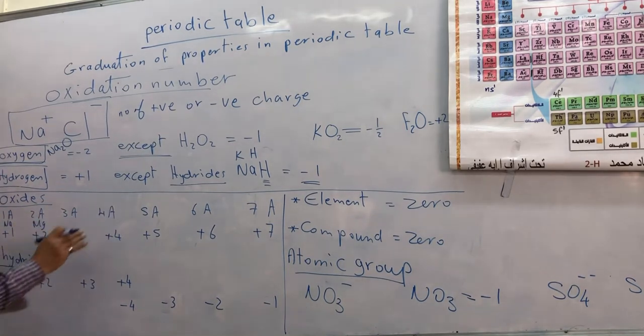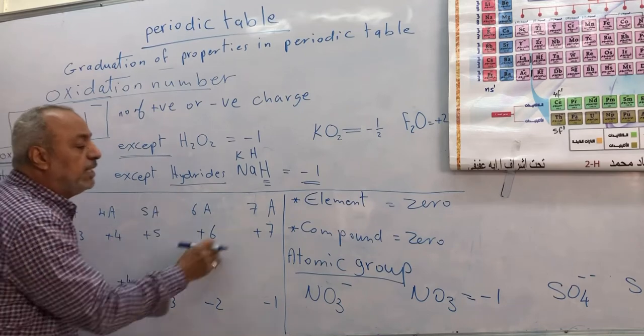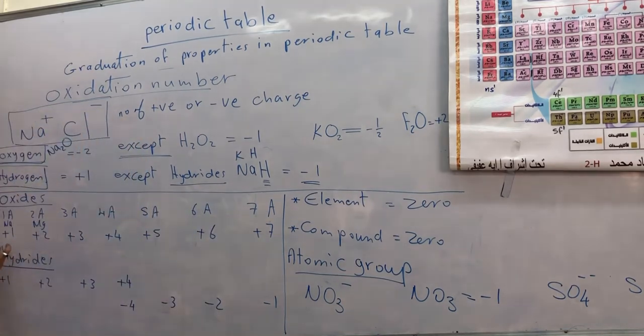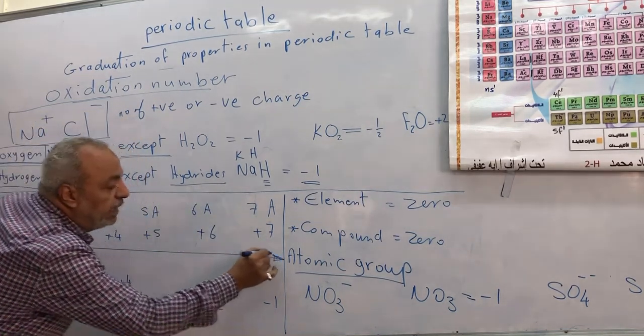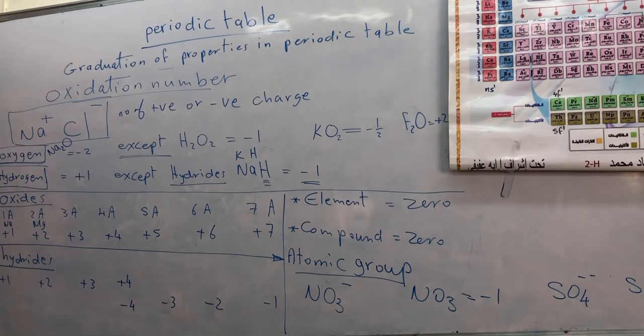Then group 4A, +4, and then +5, +6, +7, so the oxidation number increases gradually. In the form of oxides, it agrees with the number of the group. If the element is in group 1A, its oxidation number is +1. Group 2A, +2. Group 3A, +3.